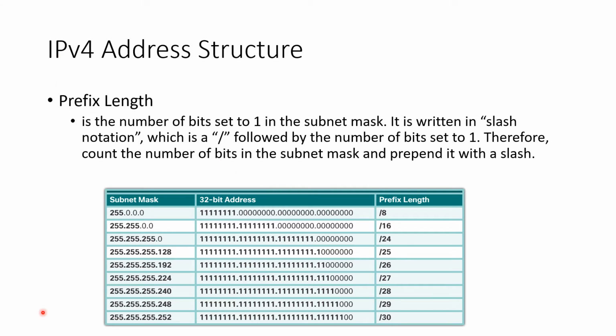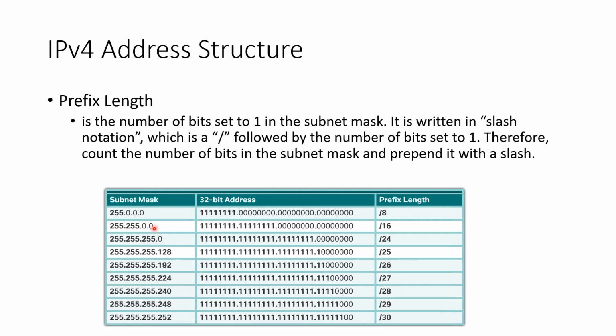So the IPv4 address structure, prefix length: the number of bits set to 1 in the subnet mask. It is written in slash notation, given as a slash followed by the number of bits set to 1. Therefore, count the number of bits in the subnet mask and prepend it with a slash.